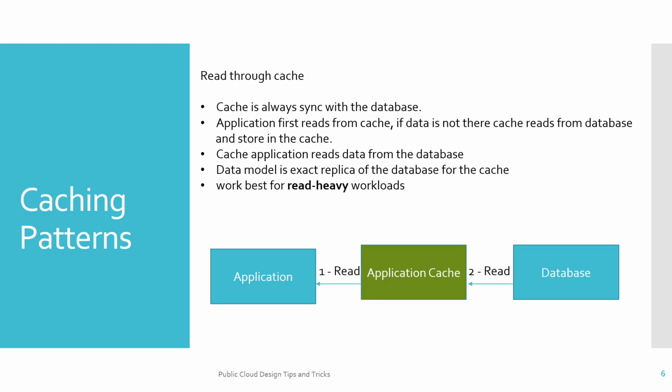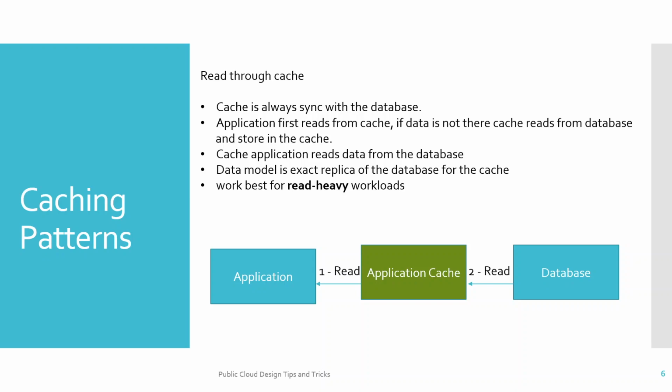The second one is read through cache. The primary purpose of read through cache is that the cache is always in sync with the database. Here the consuming application first reads the data from the application cache, and if it doesn't get that information, likewise in the first pattern, it tries to read data from the database, but the basic difference here is that the application cache itself reads the data from the database.